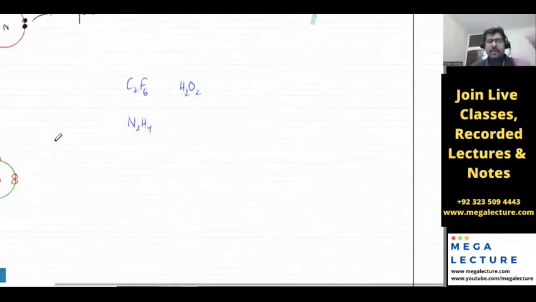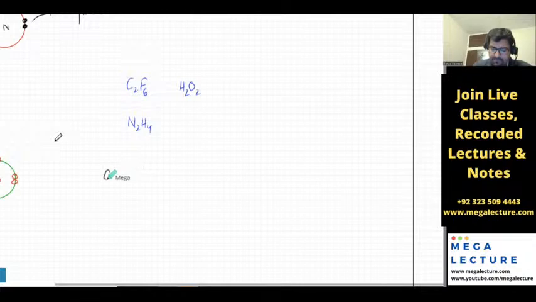So I'm just going to repeat this. So I have a molecule of C2F6. So I'm going to quickly try and do this. C2F6. So the molecule is that it's got 2 carbons and 6 fluorines. Carbon is group 4. So that means since it is in group 4, it's going to make 4 bonds.